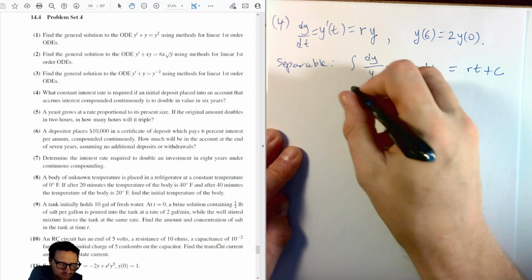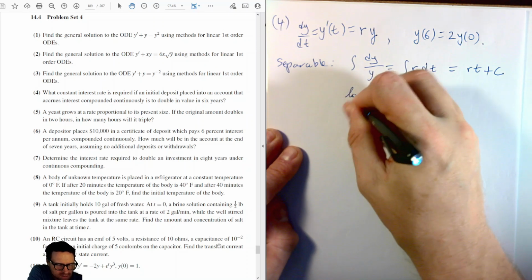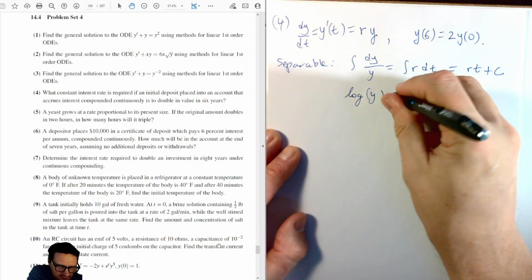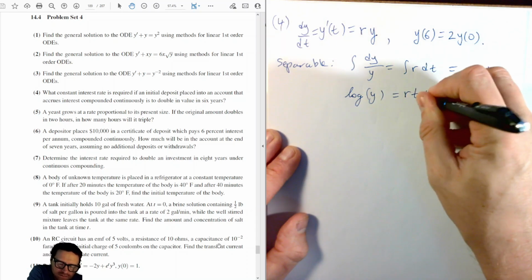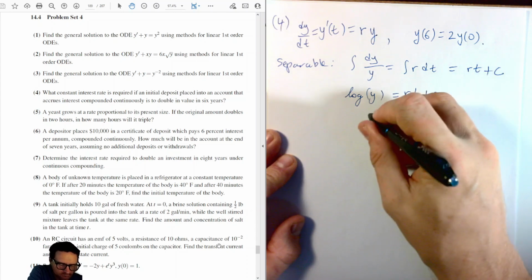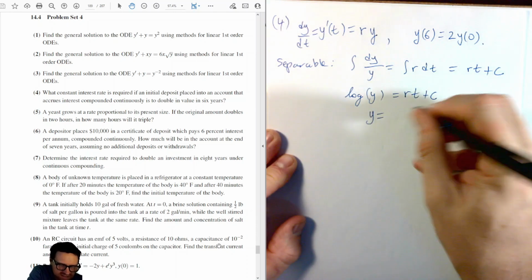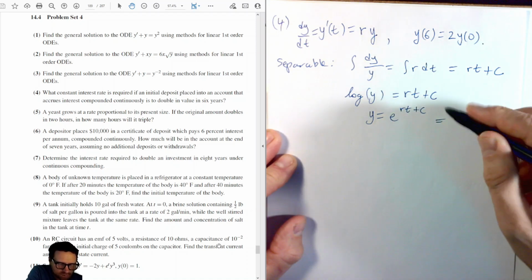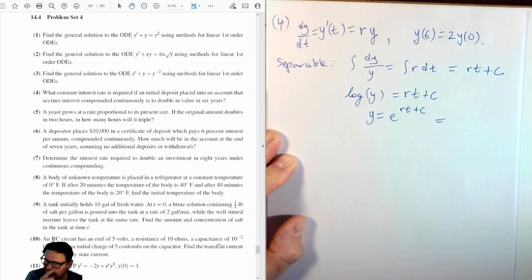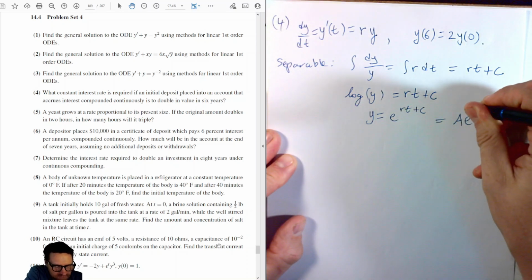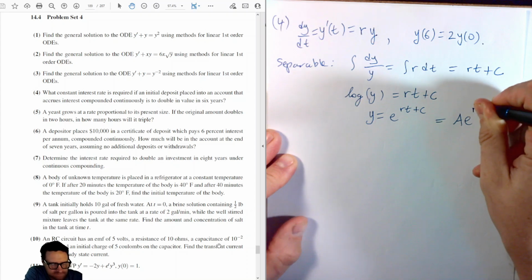On the left-hand side, we have the natural log of y. Now, if you want to write that ln, that's totally fine. Okay, and so solving this equation for y, we've got y equals e to the power of rt plus c, but usually we say e to the power of c is just another letter, say a, and so a e to the rt.